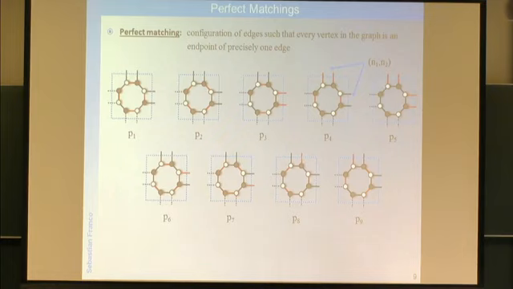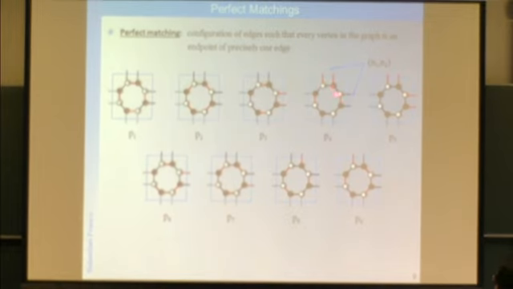For any of these configurations, you can associate a couple of integers. You can define them in many ways, and one possible way is by looking at the number of edges that cross the unit cell in each of the 2 directions, with orientation. By orientation, I mean that if you come from a white node, you have a +1, and if you come from a black node, you have a -1.